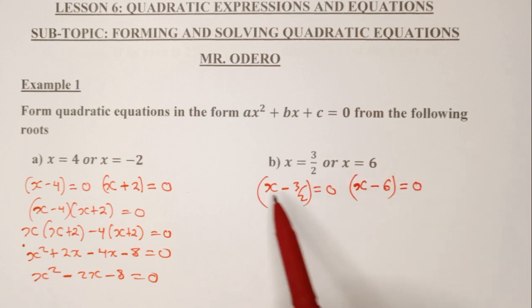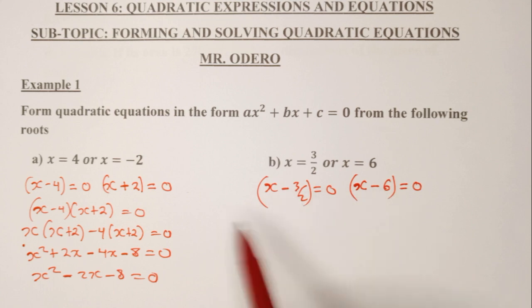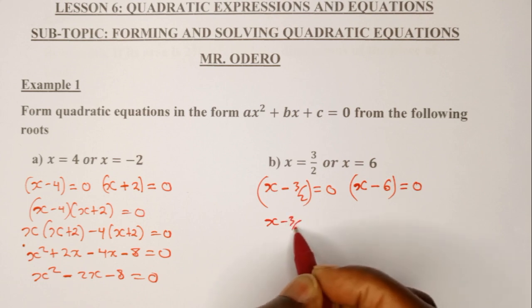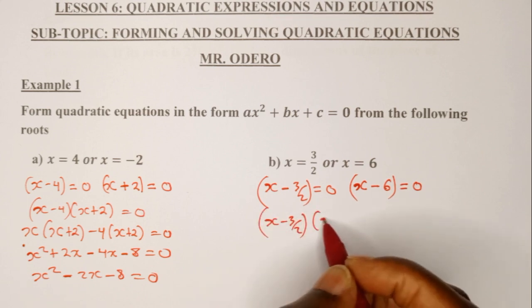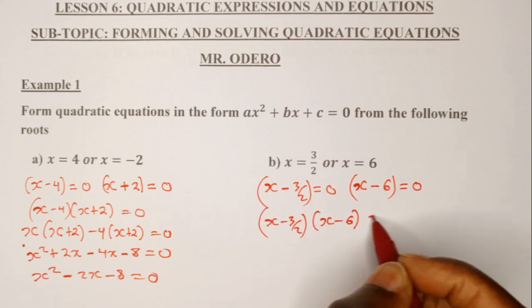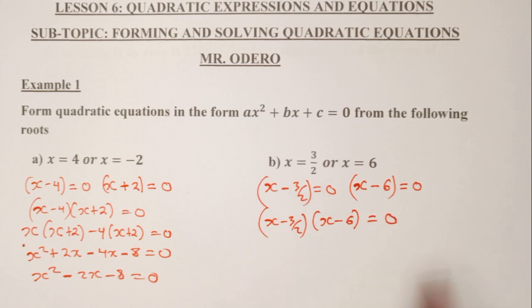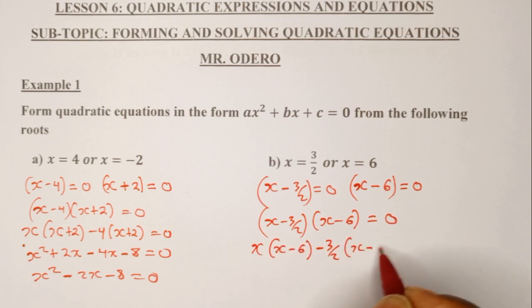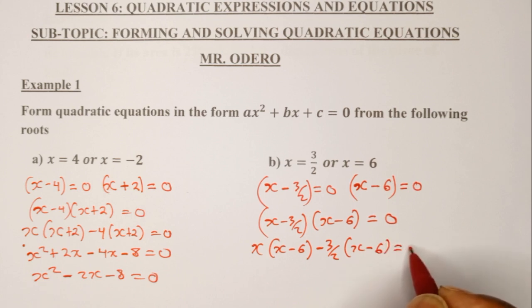Then after doing that, multiply these two brackets, equate it to 0. So this one will be x minus 3 over 2 and x minus 6 equals 0. So you expand now this one, this will be x multiplied by x minus 6, then minus 3 over 2 multiplied by x minus 6 equals 0.